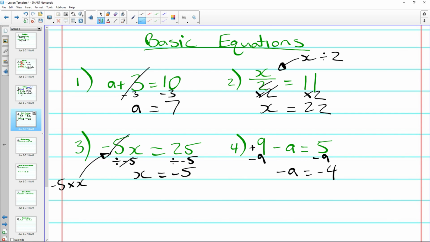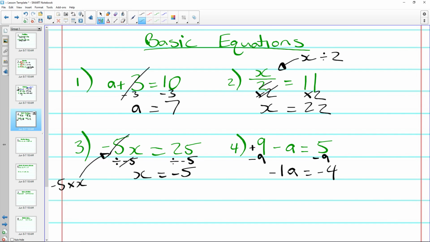So now we've got negative a, but we don't care what negative a is. We want to find out what positive a is, so we want to get rid of that minus sign as well. What we can do to make it follow our rules a little better is realize that's essentially saying negative 1 times a.